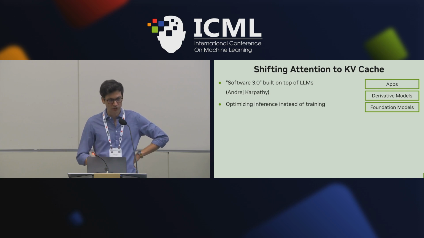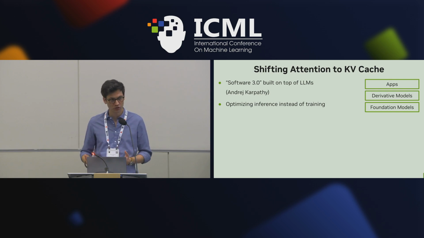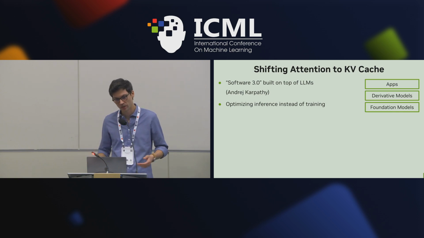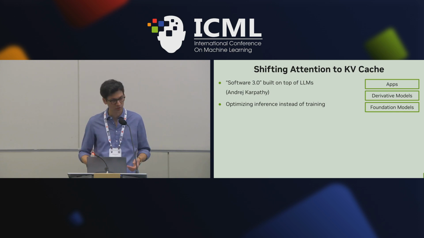I would switch the narrative to the world where we right now have foundation models, and nobody really gets to train them, with the exception of the large companies who put an enormous amount of resources into producing those models. Most people find themselves as the users of those models, which they can program and maybe optimize. And from this point of view, it starts to make sense to look at how to make those models faster. So not really optimize the training, but optimize inference.